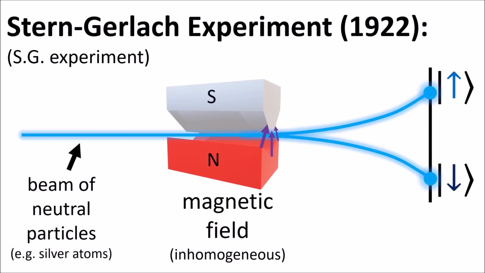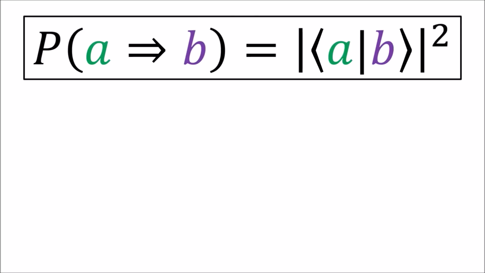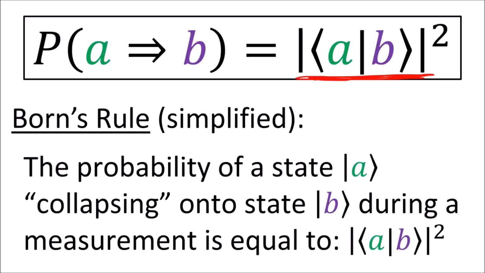I was a bit imprecise about this in my last video, but the state doesn't fully collapse into the spin up or spin down state until a measurement is performed at a detector. The probabilities for collapsing into a given state are given by the squared magnitudes of the inner product of the states before and after the collapse. This is called Born's rule.